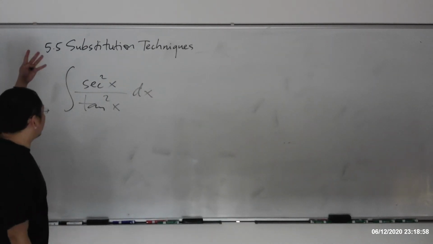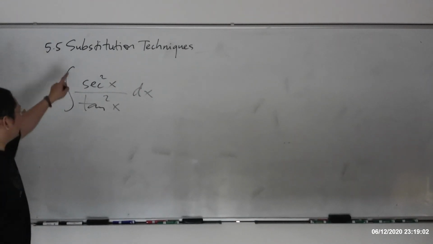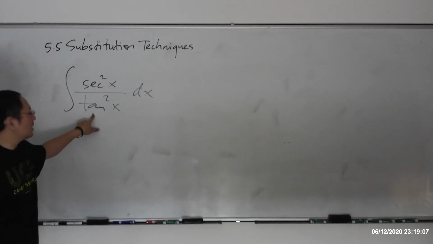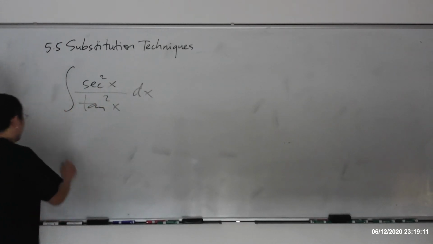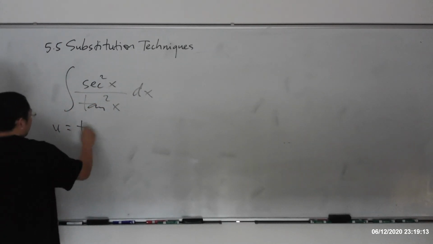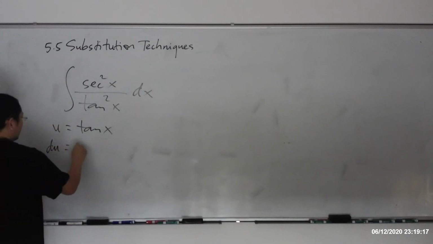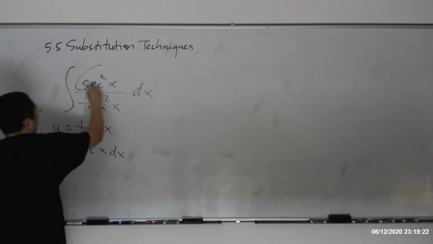I see a trig integral, involving secant and tangent, and I know the derivative of tangent is secant squared. And I see in here we have secant squared right away. So obviously my sub is u equal to tangent x, because then du is equal to secant squared of x dx. So this part right here will be my du.